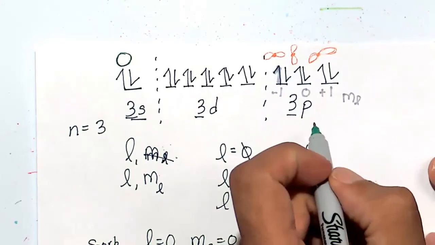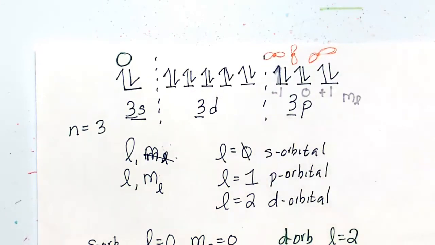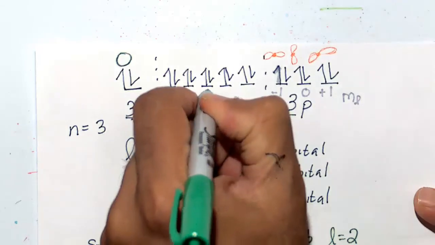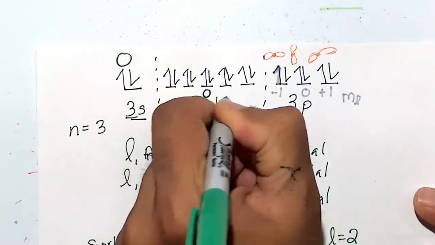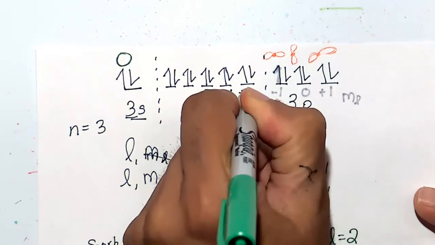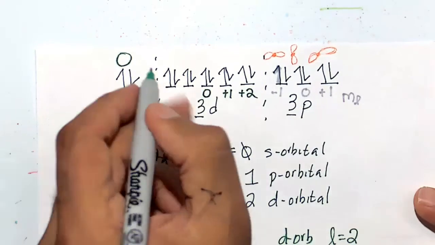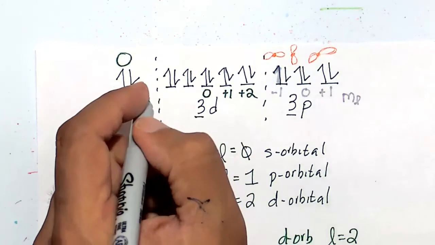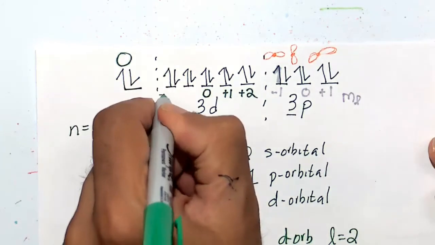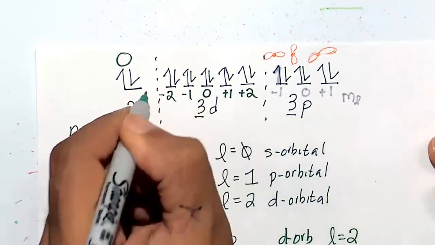But the m sub L, the orientation of the orbital, where these electrons are going to go, the middle one, as always, is going to be 0, and then we go sequentially: +1, +2. This is the d orbital, which holds 5 slots for 10 electrons, spin up and spin down, and then -1, -2.